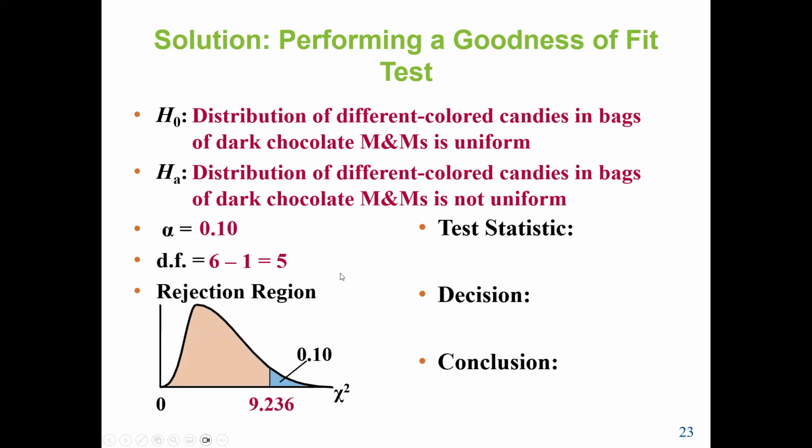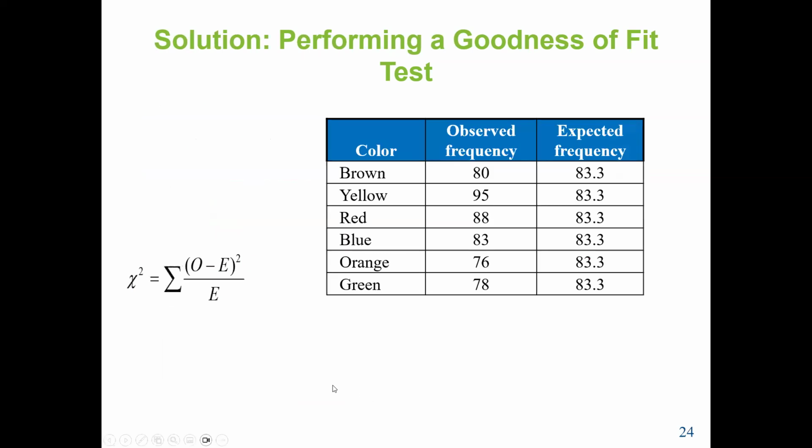Now we can use the table to find our critical value. If we know the degrees of freedom and the alpha value, we get 9.236 using the table in Appendix B of our course textbook. Then next we can find the test statistic. We know the observed frequency. For the expected frequency, since the distribution is uniform, it will be the same value throughout, as we said earlier.